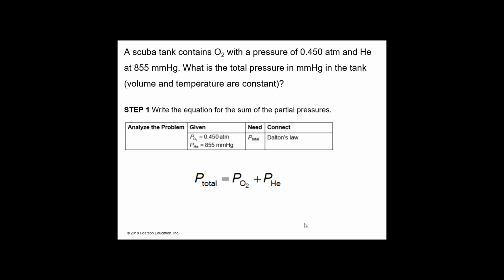A scuba tank contains oxygen with a pressure of 0.50 atm and helium at 855 millimeters mercury. What is the total pressure in millimeters mercury in the tank? Now, we're given two partial pressures, however they are not in the same units. So it's telling us we specifically want our value in millimeters mercury. So we first have to convert our atm to millimeters mercury, then we can add these together.